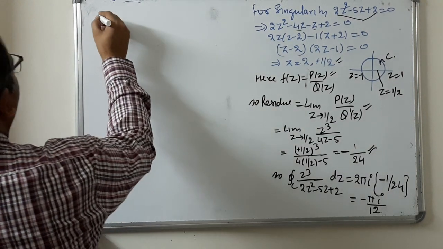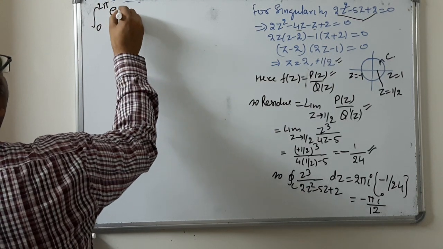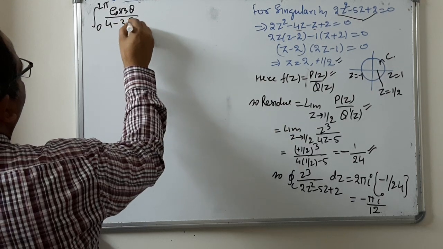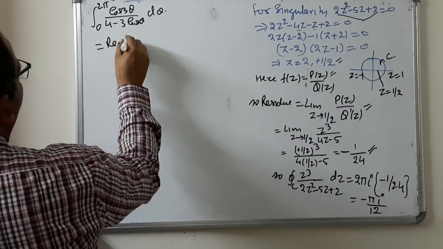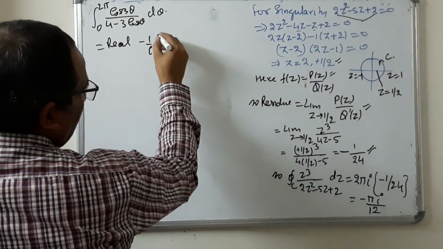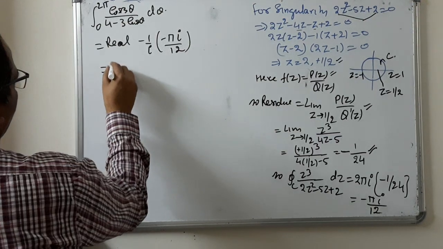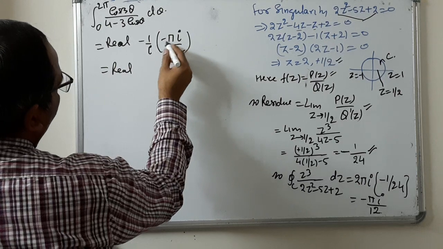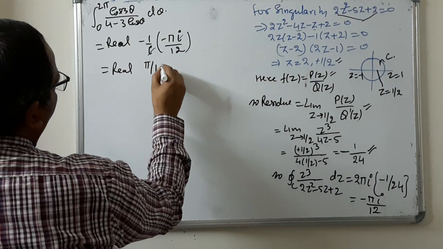So the value of the integration, that means the integration from 0 to 2π of cos 3θ upon 4 minus 3 cos θ dθ, can be written as the real part of -1/i times the value of this integration, and the value of this integration is -πi/12. So we take the real part of -1/i times -πi/12; minus minus becomes plus, and i cancels with i, that is π/12.